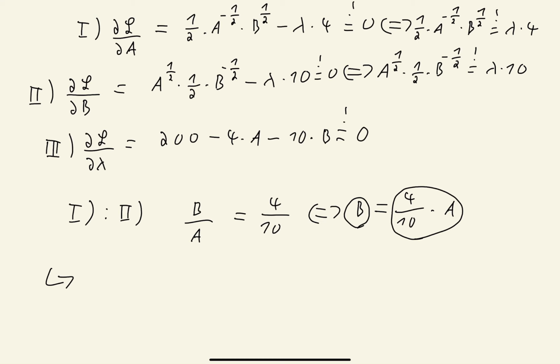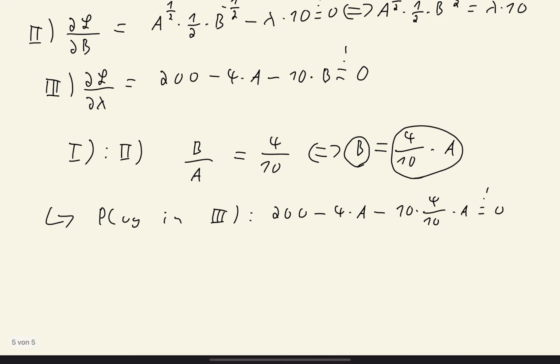By doing this, what we get is 200 minus 4 times A minus 10 times, and now we plug in for B, 4 divided by 10 times A, and this is supposed to be equal to 0. And if you solve this, what you get is A star being equal to 25. So in optimum, you consume 25 apples.